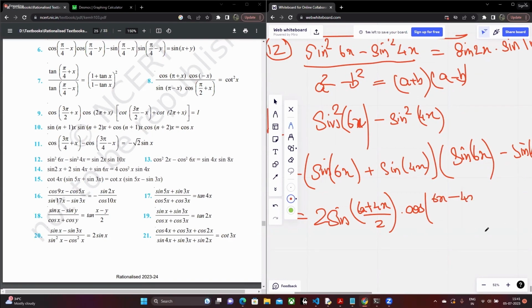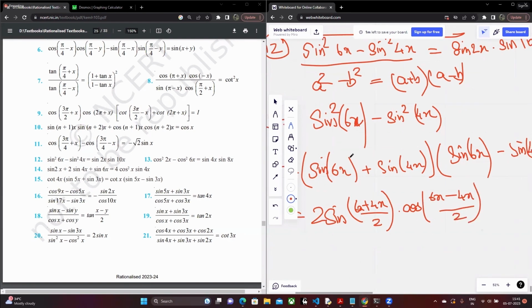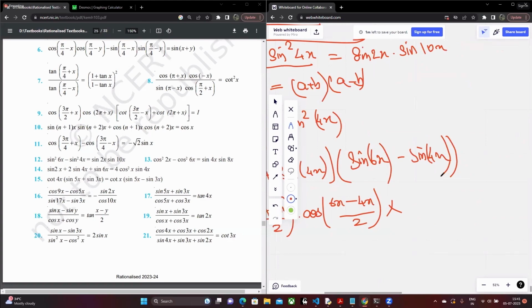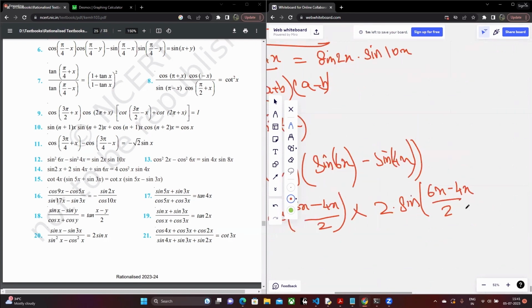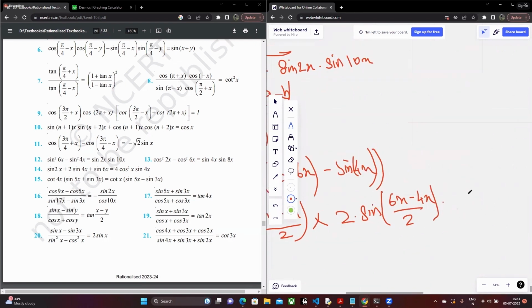Into this is going to be sine x minus sine y, which is basically 2 times sine of a minus b by 2, that is going to be 6x minus 4x divided by 2 into cos of 6x plus 4x divided by 2.